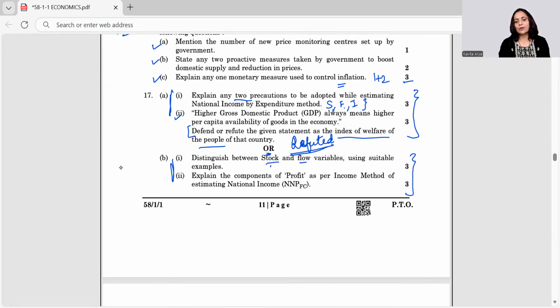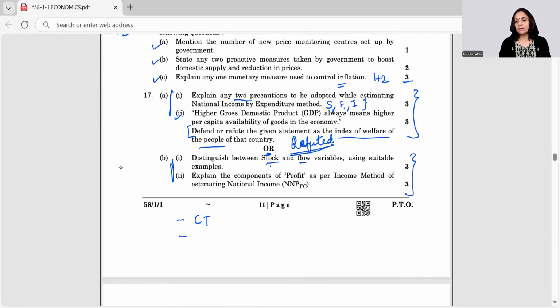Then you have explain the components of profit as per the income method of estimating national income. So profit has got three components, very clear. Corporation taxes, we called it corporate tax or the profit tax, right, which is given to the government.